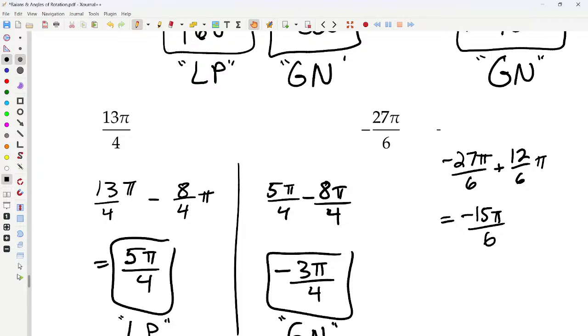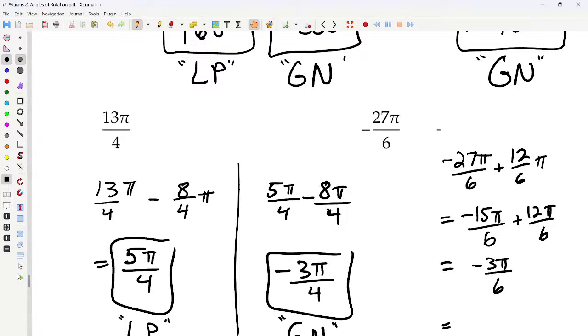Wait a minute. I already know 12 is 2. I need to go again. Add 12 pi out of 6 again. And I'm at -3 pi out of 6. And I know if I add 12 again, I'm going to get bumped into positive world.